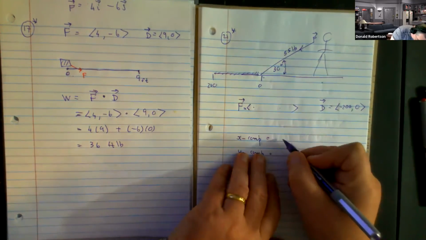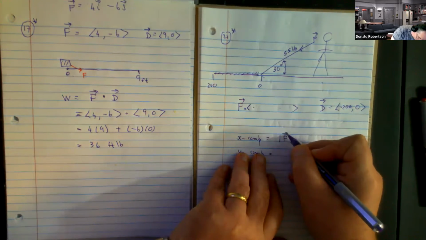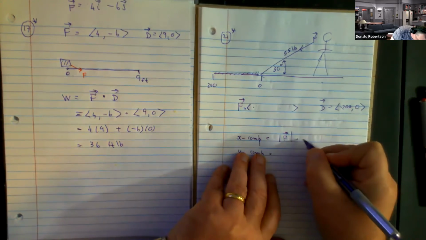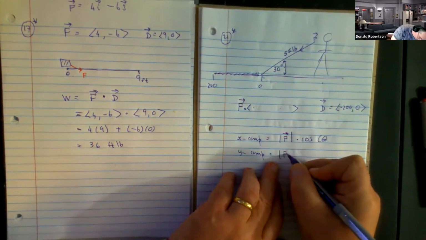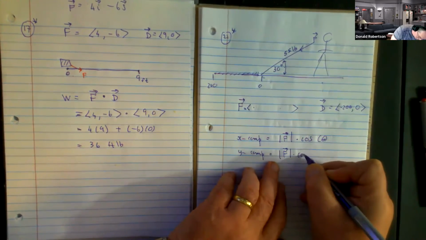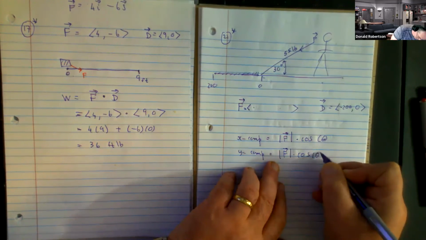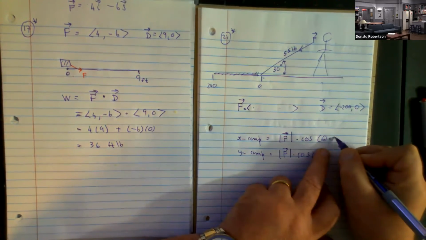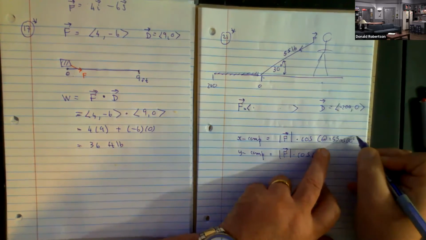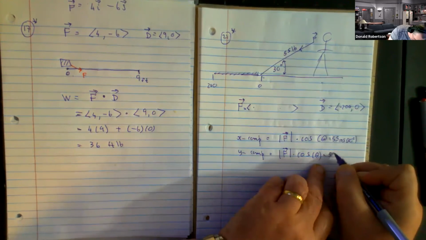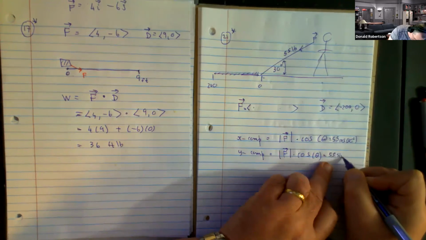Now, the X component is the magnitude of the force times the cosine of the angle. And the Y component is the magnitude of the force times the cosine of the angle. So that's going to be 55 cosine of 30 and this is going to be 55 sine of 30.